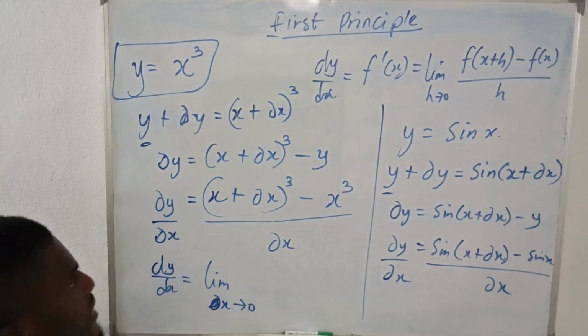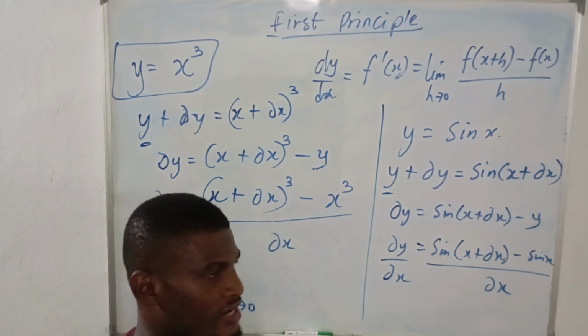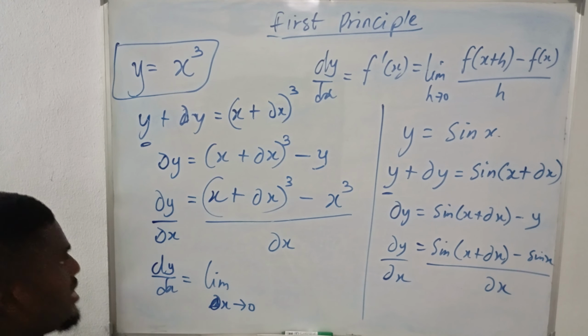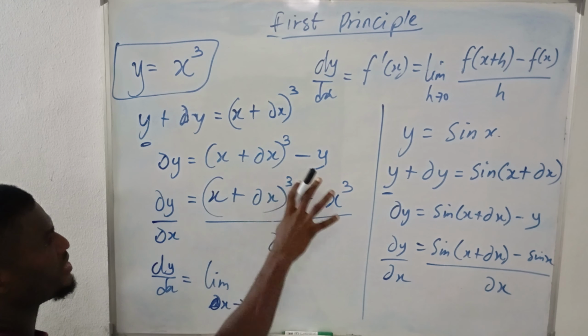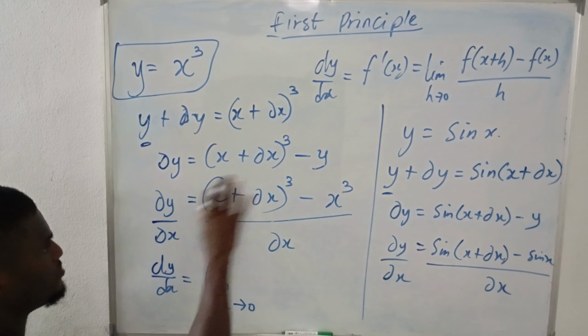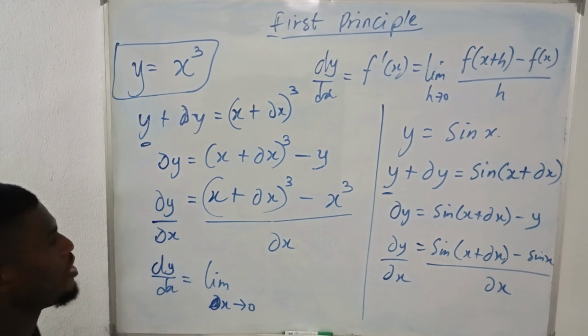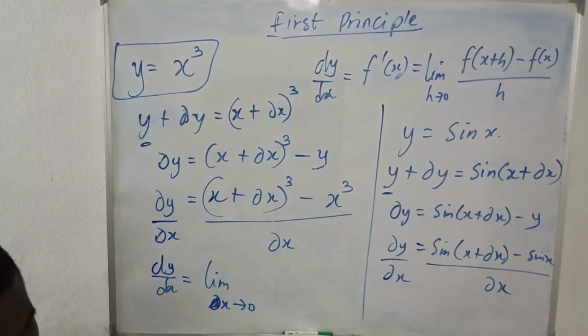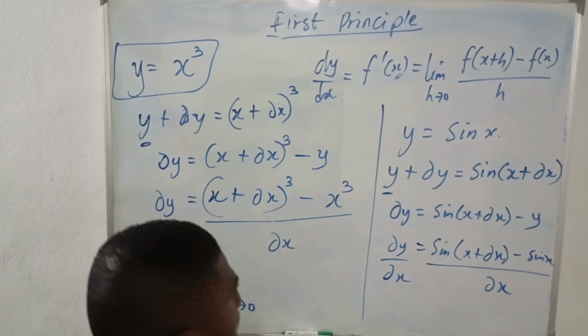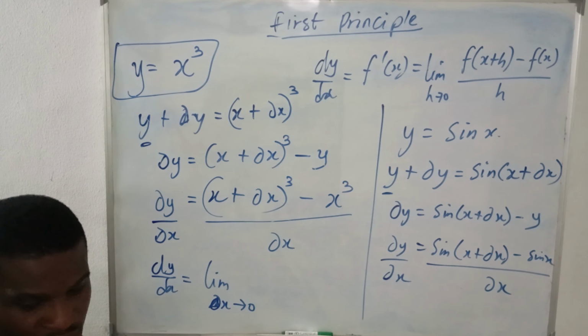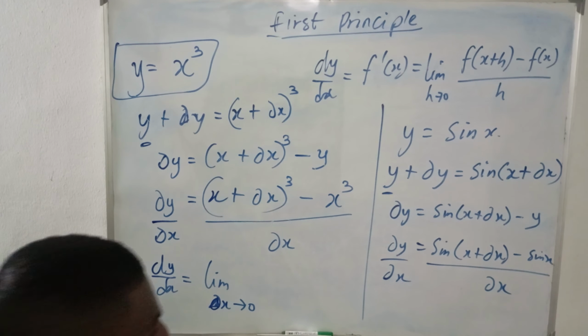That was why we learned expansion using Pascal's triangle and binomial expansion earlier. So with what you learned before, you should be able to expand this and solve it. All right, now that we've gotten the idea, let's solve a particular question here and see how it goes.